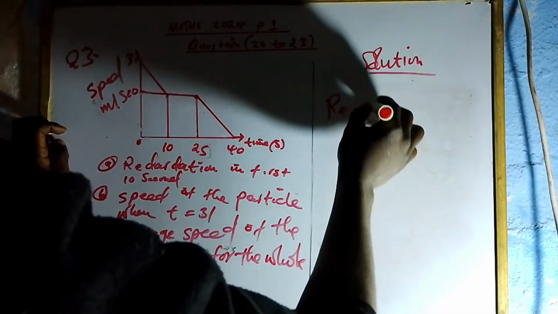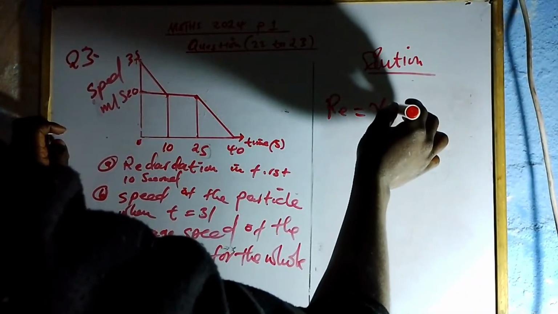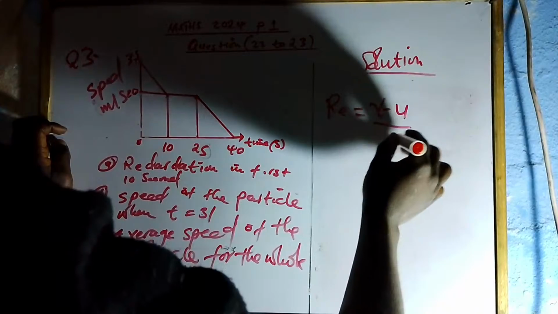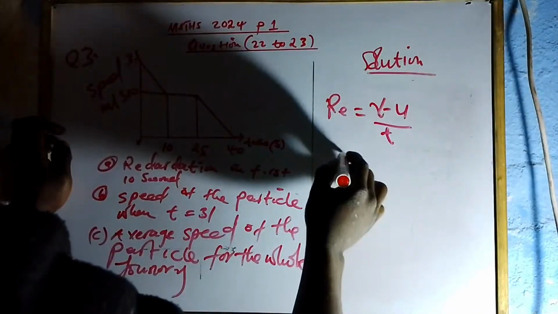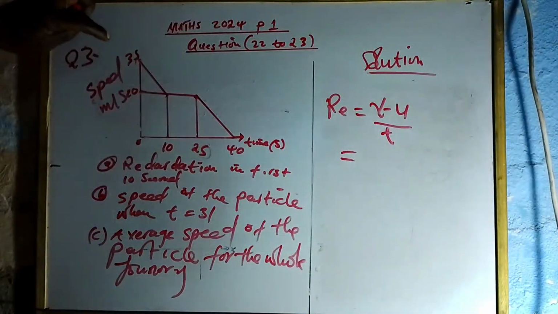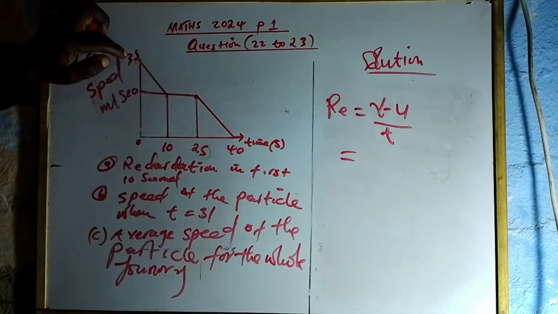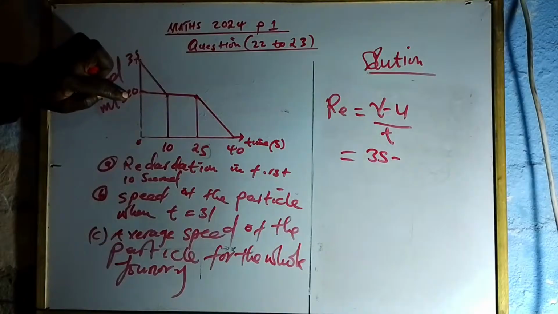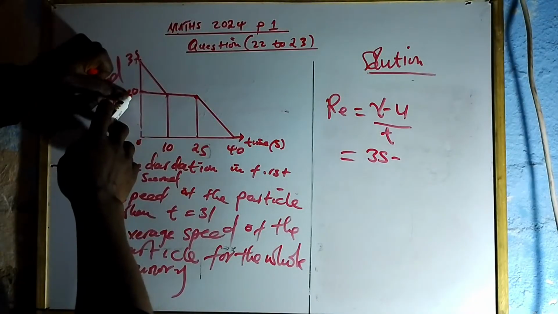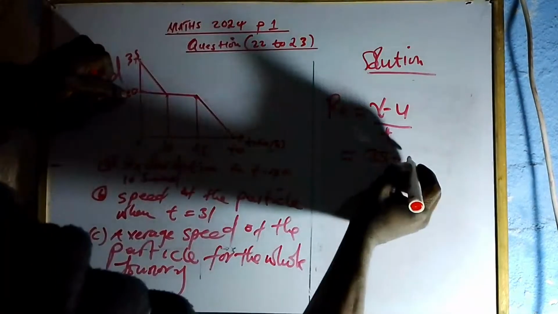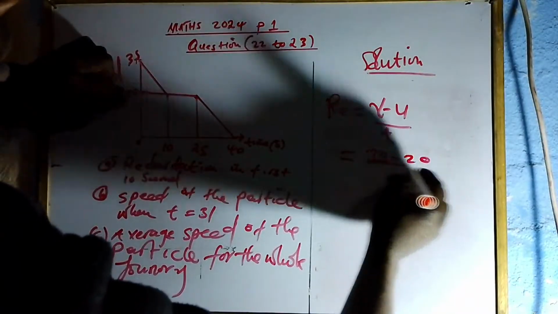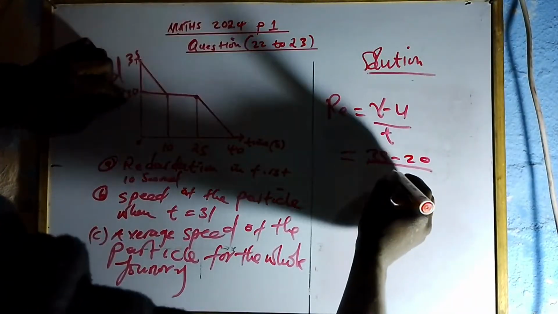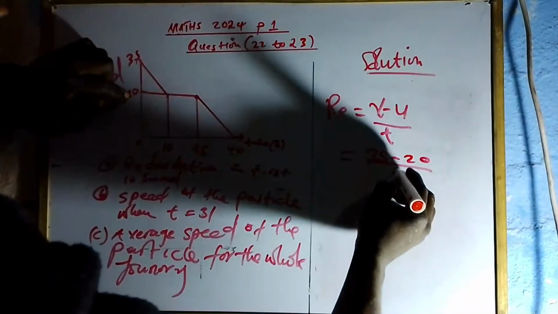Retardation is equal to final velocity minus initial velocity over time. Final velocity is the last velocity, which is 35, then minus initial, when this car started, it is 20, and over time it is in 10 seconds.